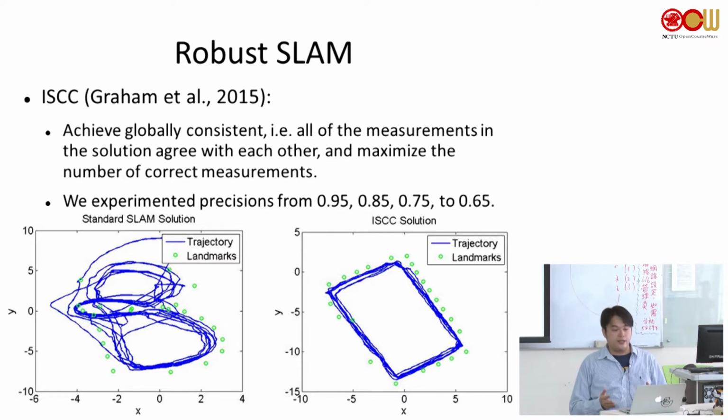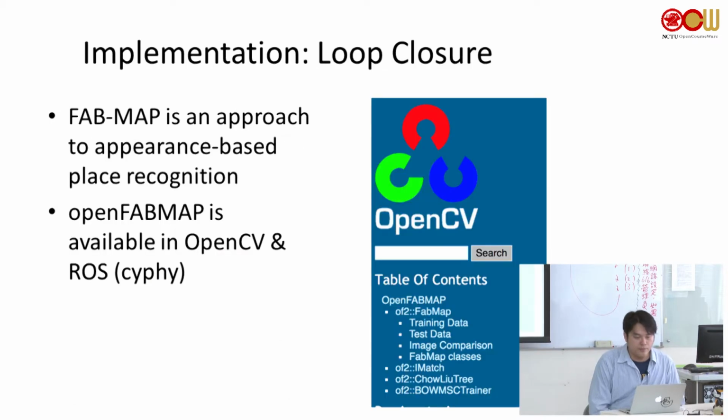A basic idea is that you want to see what's the consistency of landmark detections. Okay, so there are some ways to do this. Some good news is that there are many open source implementations, for example, landmark or loop closure detection.